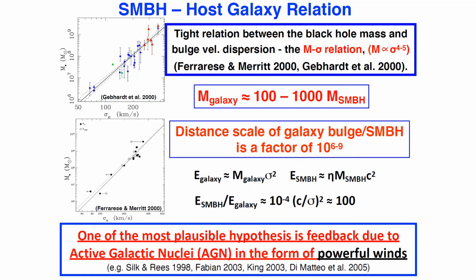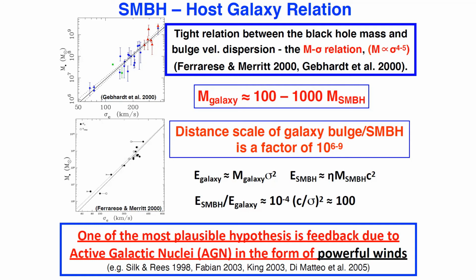The other discovery that followed was really puzzling. They found a tight correlation between the mass of the hosted black hole and the velocity dispersion of the stars in the galactic bulge. In simpler terms, the larger galaxies also hosted the more massive black holes.